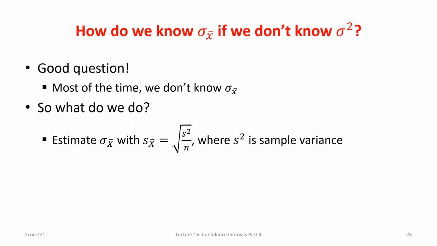Because if I divide by 2 instead of 3, that changes the number a lot more than if I divide by 999 instead of 1,000, right? So because we have this sample variance now, our sample means won't quite be normally distributed. They'll be very close to a normal distribution, but not quite, okay?